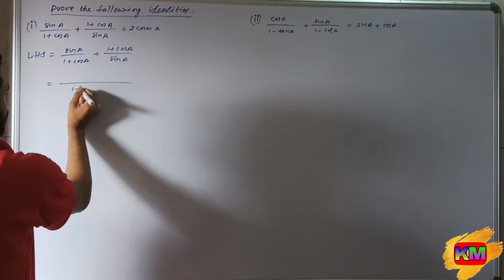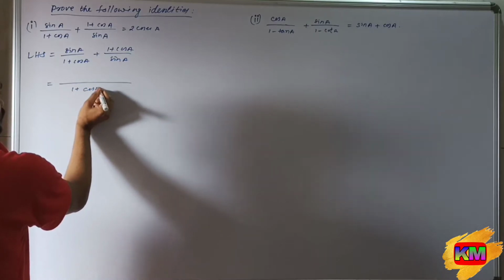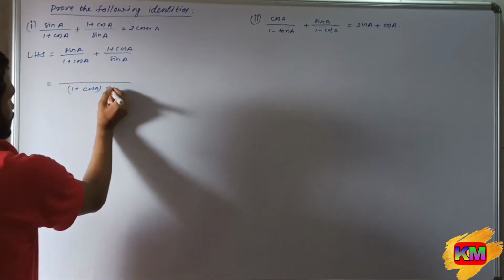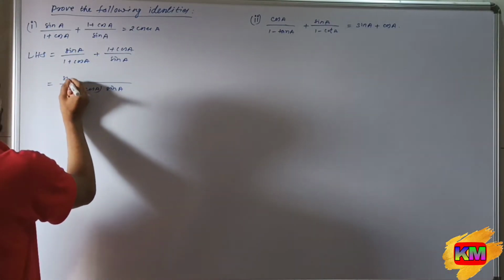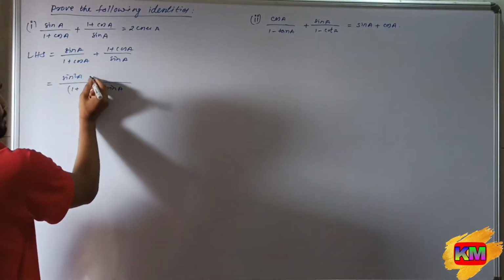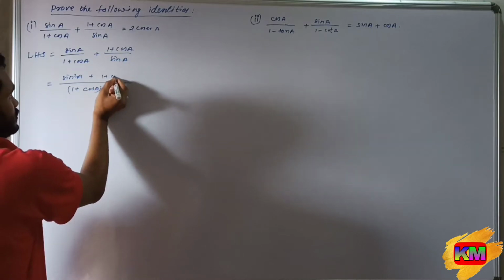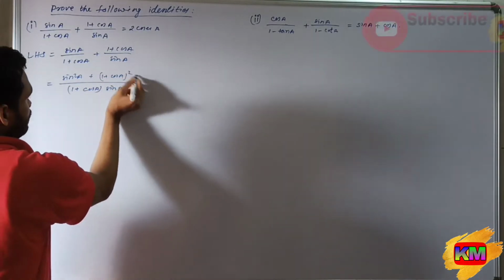So LCM will be 1 plus cos A into sin A, and here we will get sin square A plus 1 plus cos A whole square.